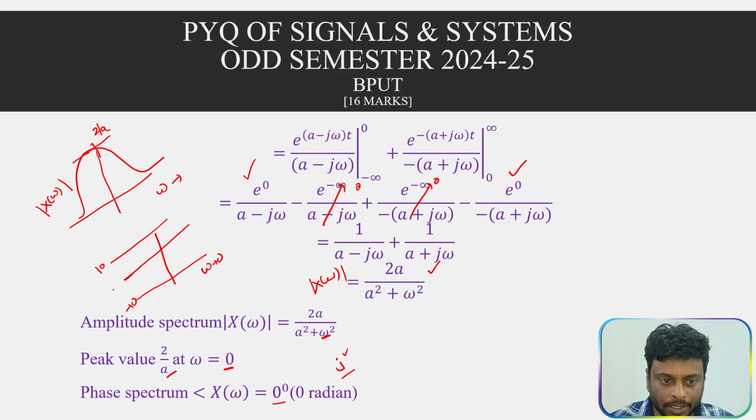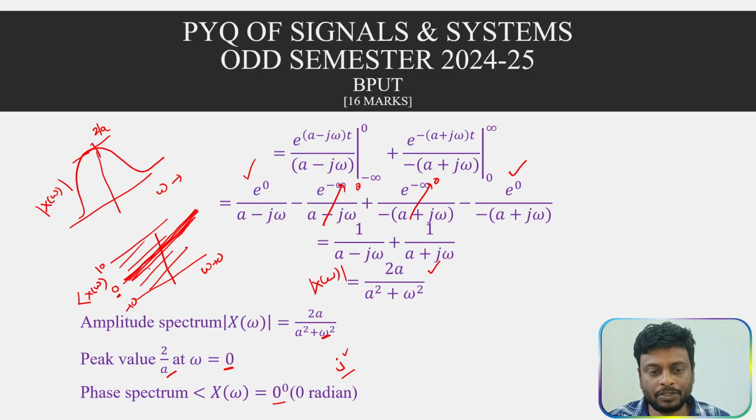This is 0, and the phase is 0 from minus 10 to plus 10, so this is the phase spectrum of x of omega. We can draw the graphs this way, with the bold line indicating that the phase spectrum is 0. So these are all the questions we have discussed of this odd semester 2024-25.